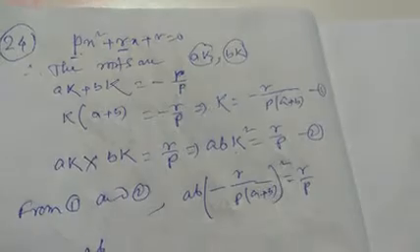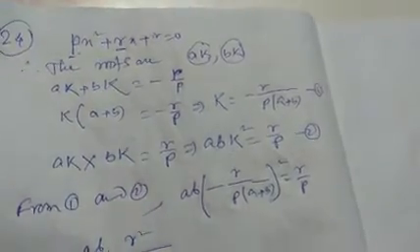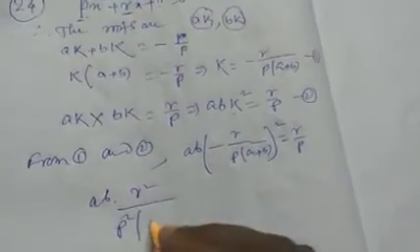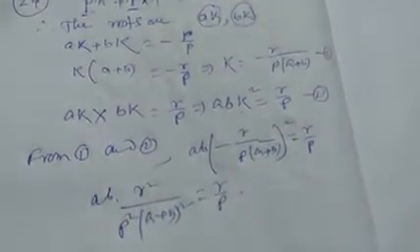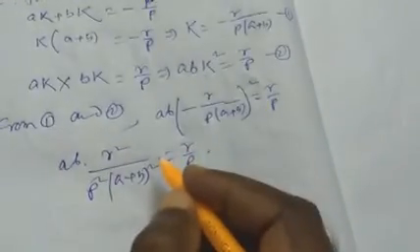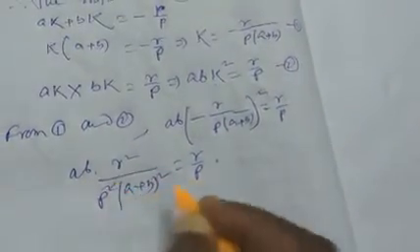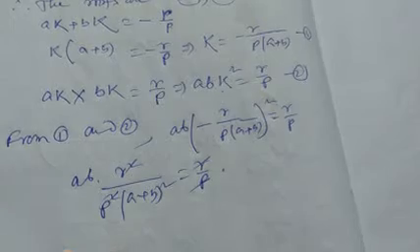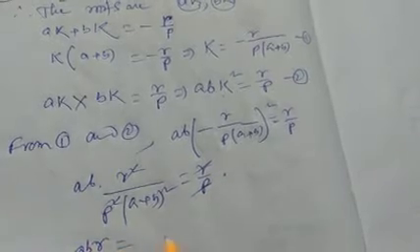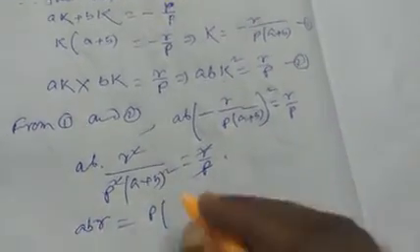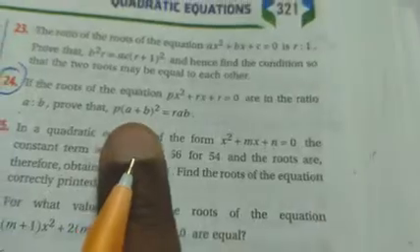So ab q square by p square (a plus b) whole square is equal to r by p. Okay, and it's proved. So ab q square is equal to pr (a plus b) whole square. It's proved. This is your required result.